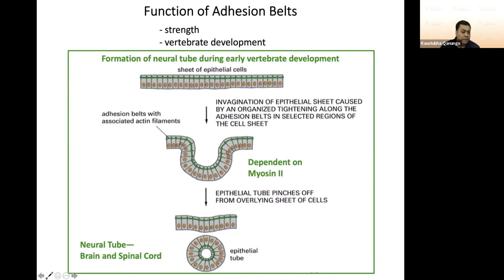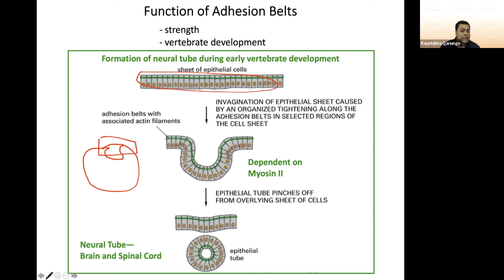So let's see. Right here, think about this being basically the structure, and this portion right here. What is going to happen is that this portion that you are seeing will be pinched off like this from that top portion.